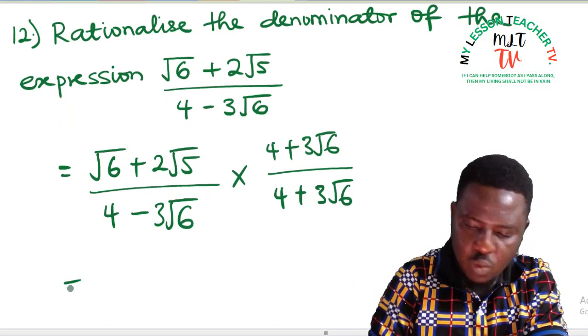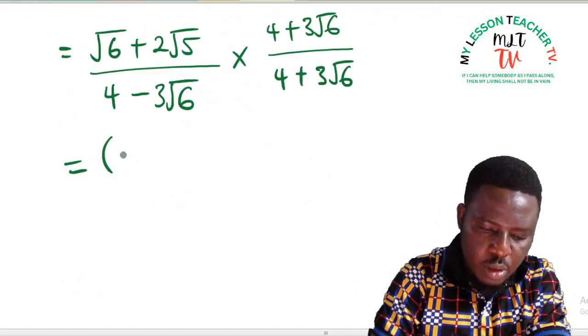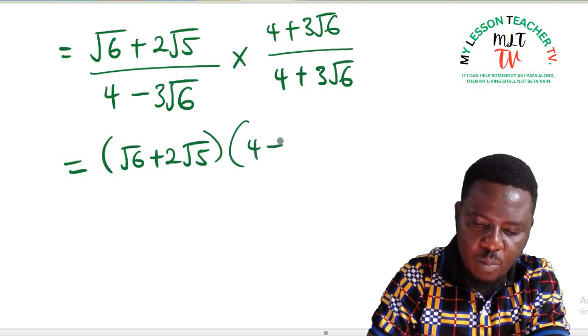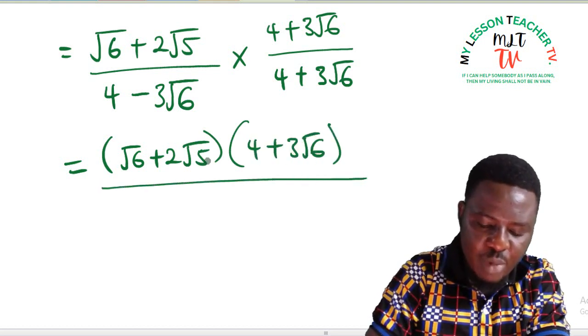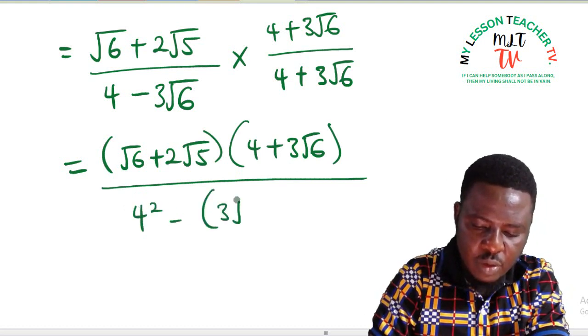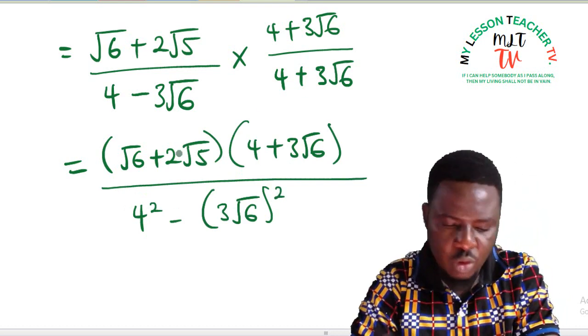And this is equal to root 6 plus 2 root 5 multiplied by 4 plus 3 root 6, all divided by 4 squared minus 3 root 6 squared, because we are multiplying by its conjugate.